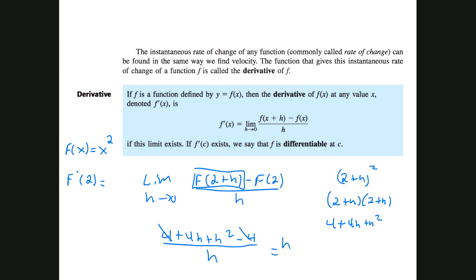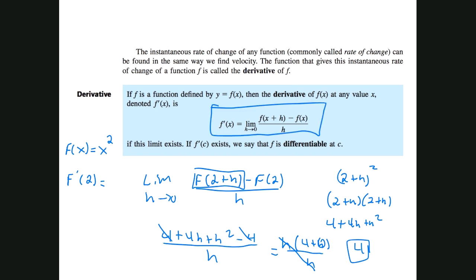That gives me 4 plus h over h, which crosses out. And this is the limit as h approaches 0. So if I put a 0 in for h, lo and behold, I get the limit of 4, or the derivative of 4. We knew that because we know how to take derivatives. However, in the olden days, this is how we found the derivative at any given point.